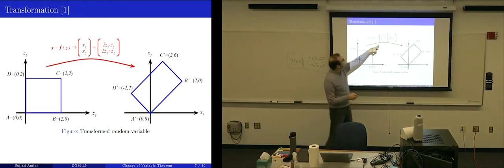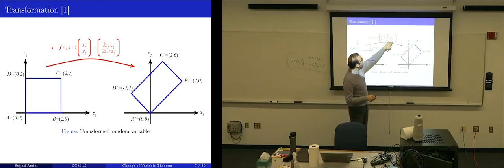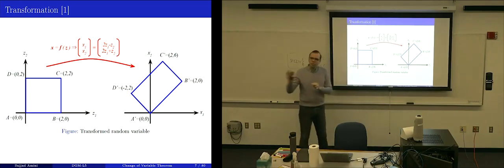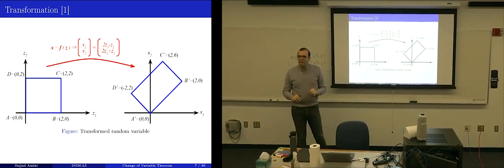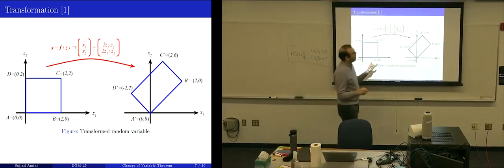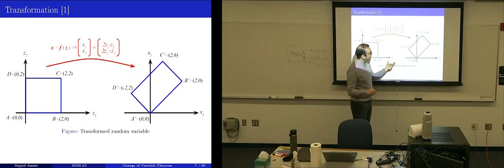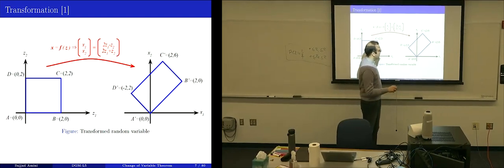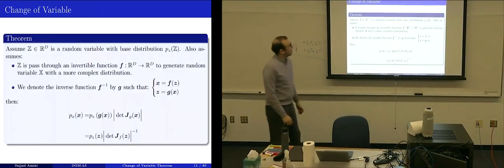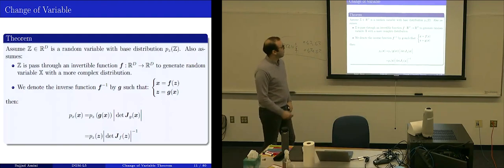This transformation means that the density of a point is going to be changed between these two spaces. And the change of variable theorem tells you how you can update your PDF from the base space into the target space. So we want to talk about the change of variable theorem.